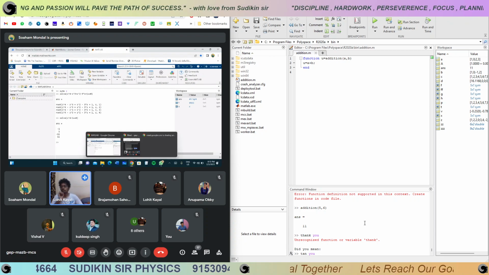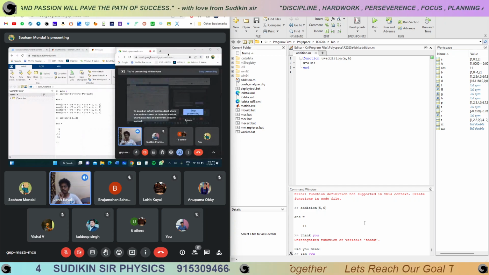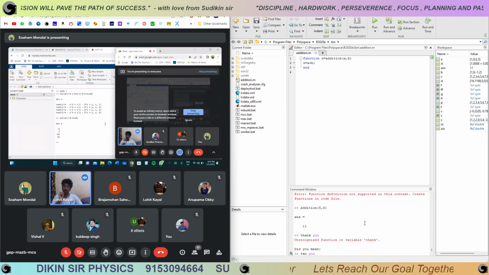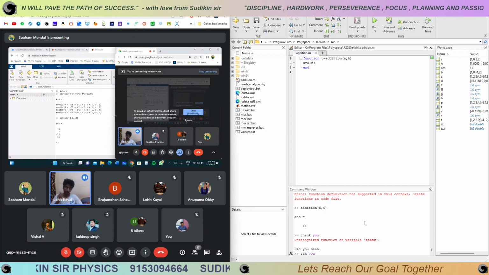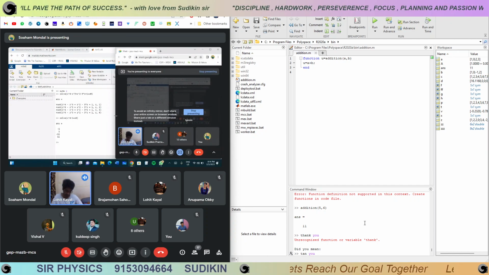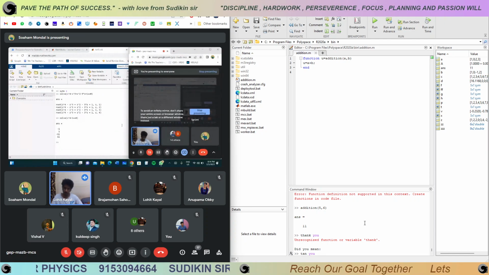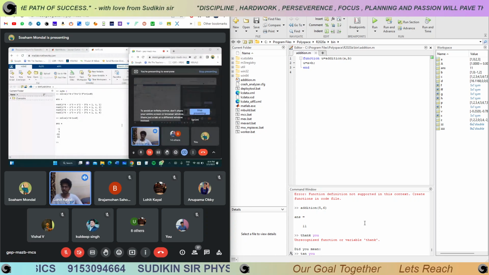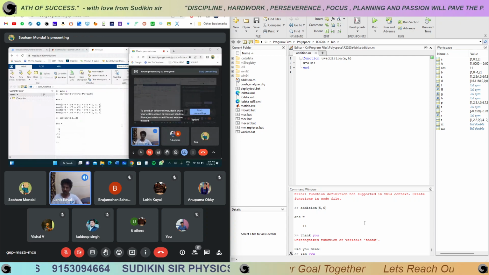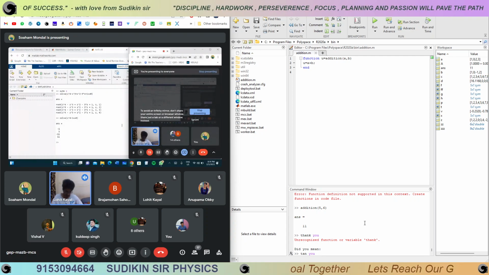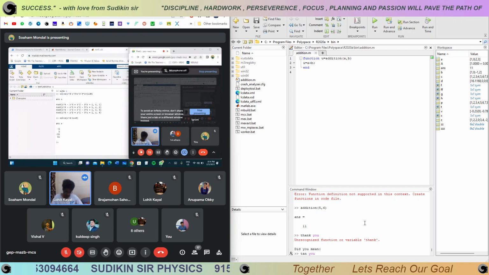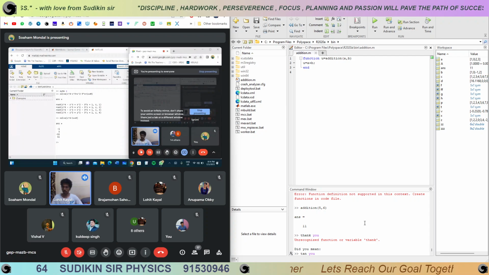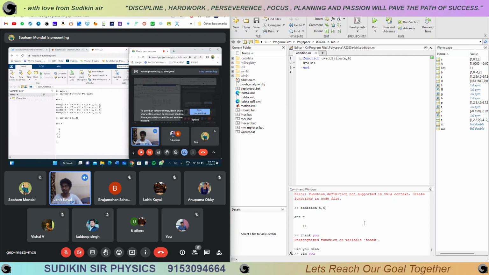Most probably, I'm not sure, I have to check it, MATLAB is not able to find the roots of this function, and that is why it is showing this. I am seeing this for the first time because I generally don't use the symbolic toolbox in MATLAB. So it is possible that MATLAB isn't able to find the symbolic value of this function.